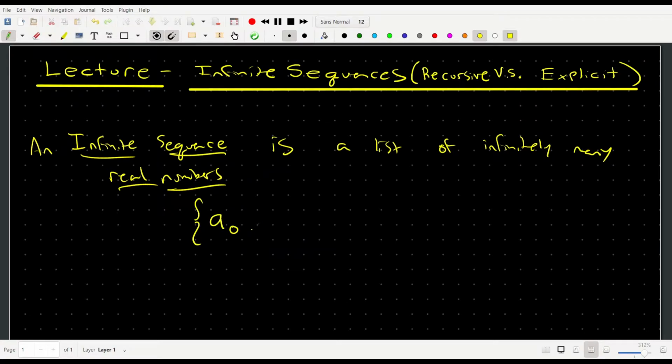We can even have sequences of more complicated mathematical objects, but typically this is how we see a sequence written.